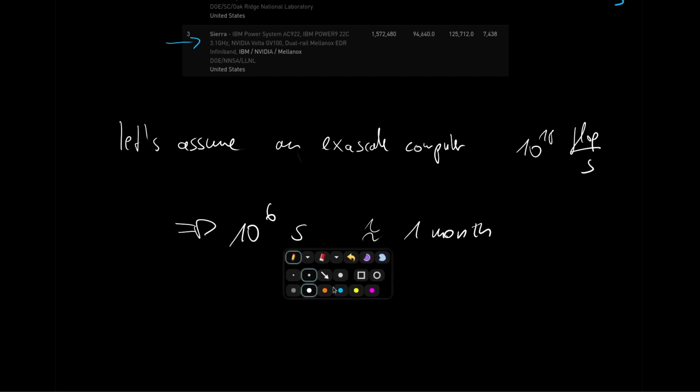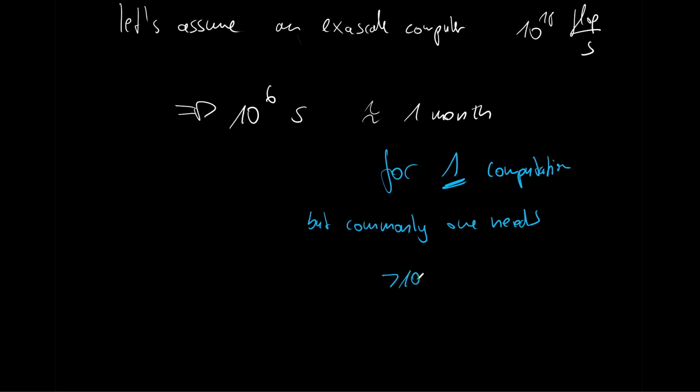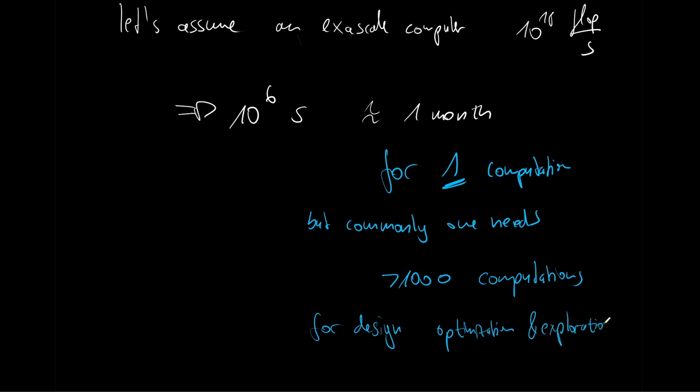So let me note that down. This is for one computation, but commonly one needs greater than 100, maybe 1,000 computations or simulations for design, optimization, and exploration, or to create surrogate models, etc.